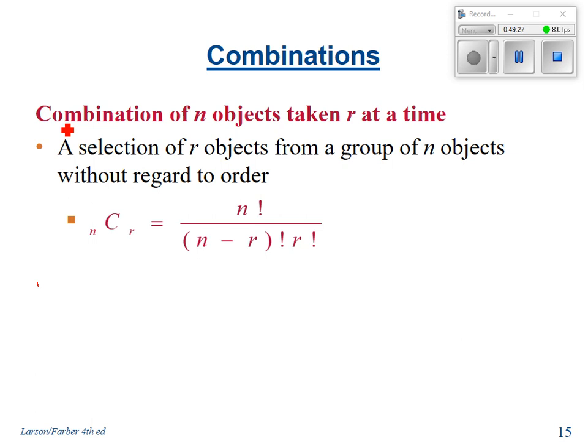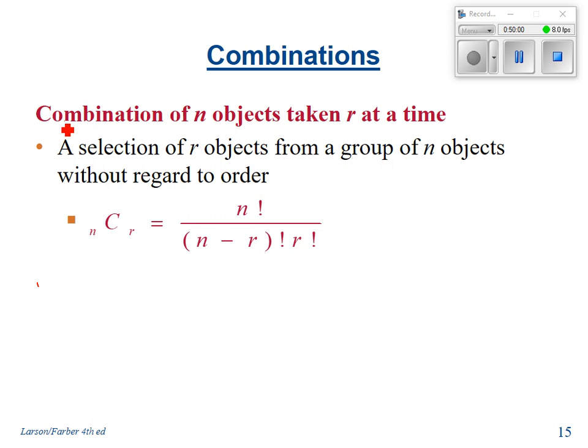So those 3 people finishing in that order is the same as that finish. Alright? So that's what we're doing. We're sort of getting rid of all those ones where they're all the same.